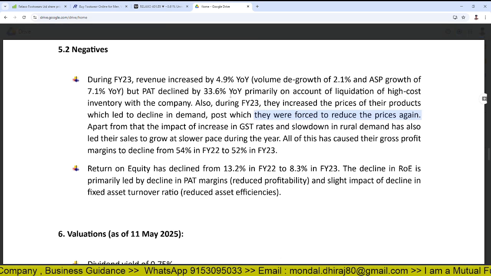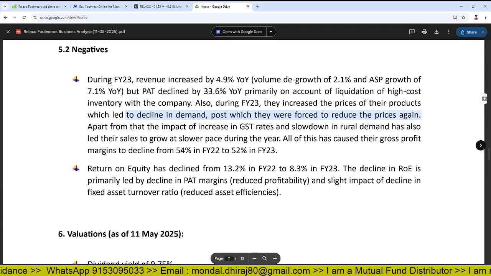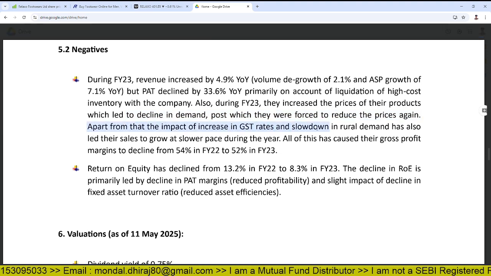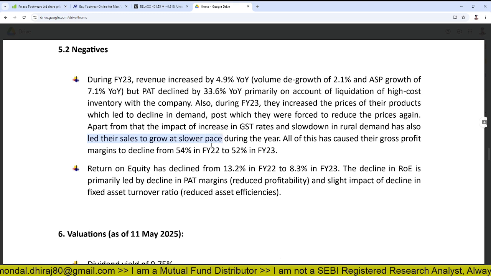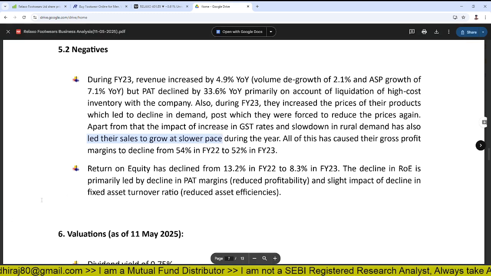Basically, they increased the price, then due to less sales demand, they were forced to reduce the price again. And apart from that, the impact of increase in GST rates and slowdown in rural demand has also led their sales to grow at a slower pace during the year.